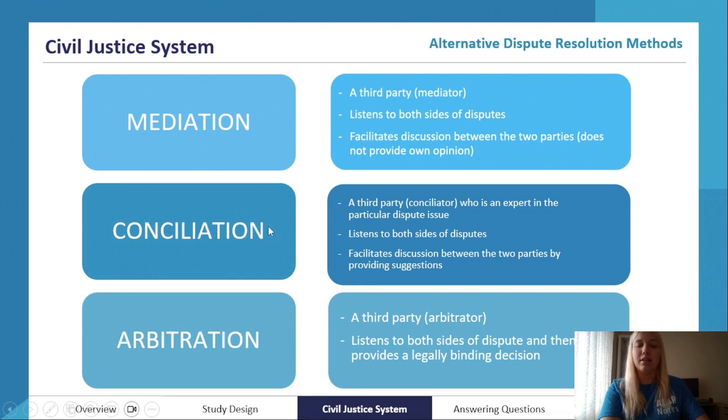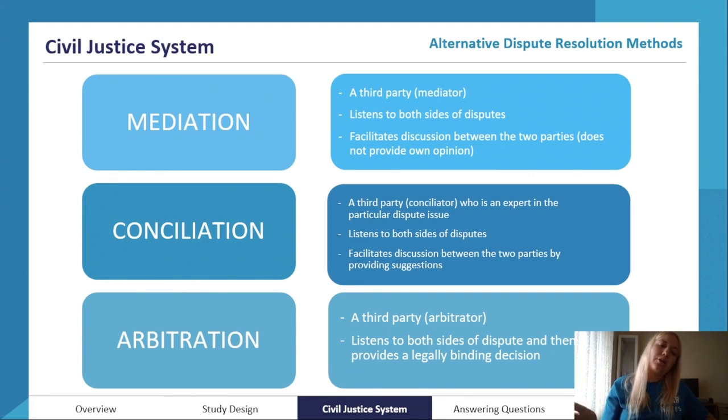Mediation and conciliation do not provide legally binding decisions. So you can already see why certain people might want to use them, might not want to use them. They're much more informal, but there's no legally binding decision. So we need to be able to trust the other party that they will uphold the agreement. We need to be able to believe them.